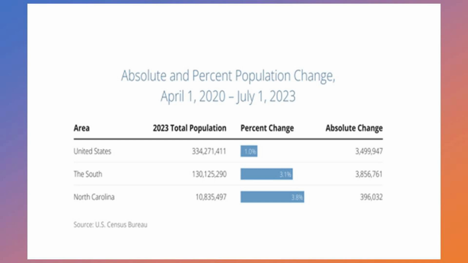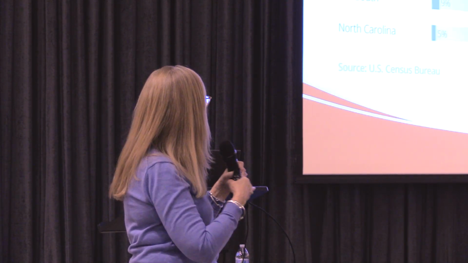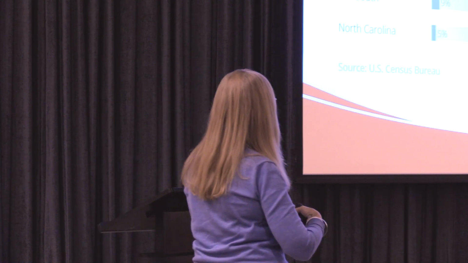So the overall percent of population change, 2020 to 2023, North Carolina is still growing. The South is still growing. Most of the population change is occurring in the South. It's mainly a shifting of people moving from state to state. Fertility's down, so it's not babies being born, it's people moving around, and it's also the foreign population that's moving into the US.